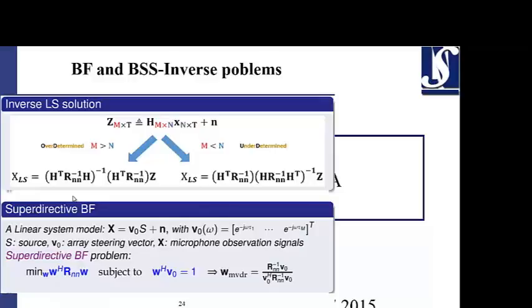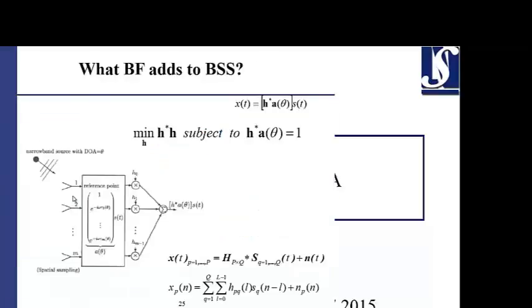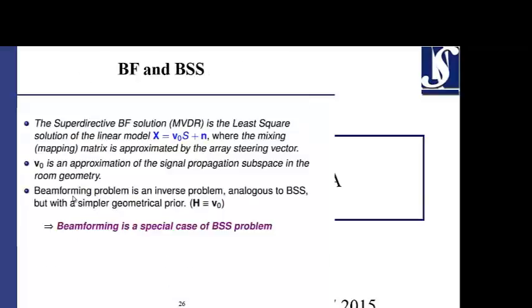Did you get it? So beamforming is just a special case of blind source separation. Here I've written the beamforming and the source separation together. We are assuming the filter, the mixture, is already known with the array manifold vector.